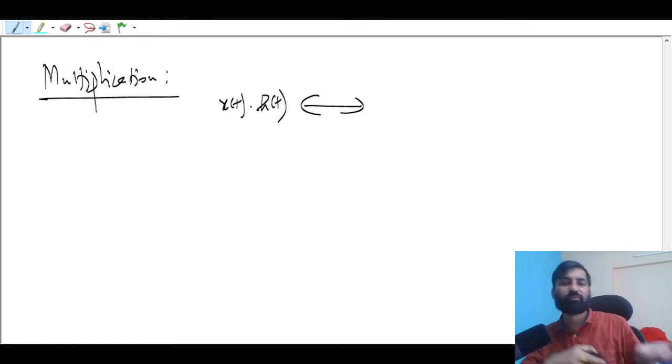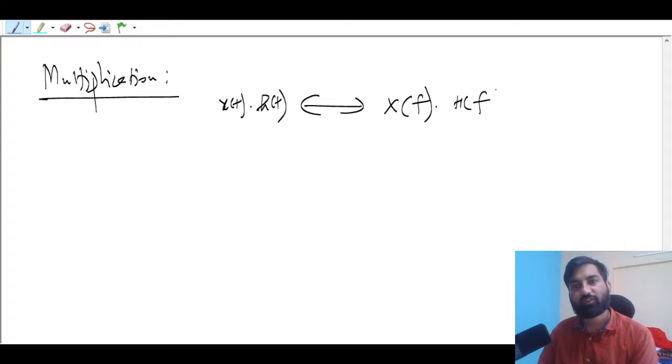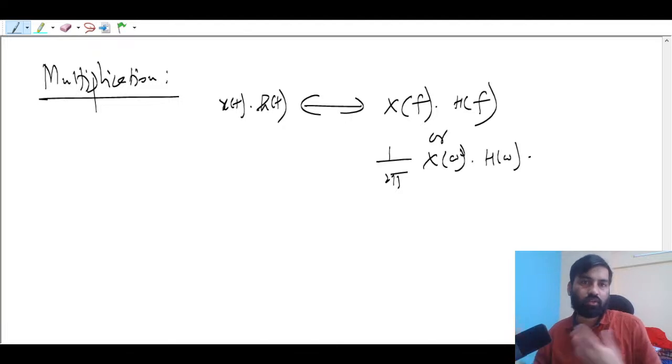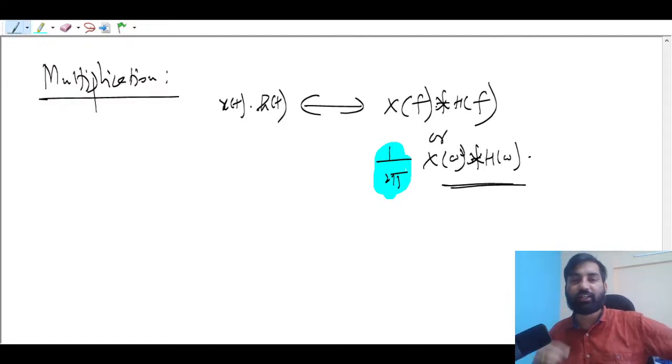Multiplication in one domain corresponds to convolution in another domain, so X(f) convolved with H(f), or 1 by 2 pi times X(omega) convolved with H(omega). Please do remember convolution. In omega form, 1 by 2 pi has to be introduced, but in the f domain no 1 by 2 pi will be there. So multiplication corresponds to convolution in another domain.